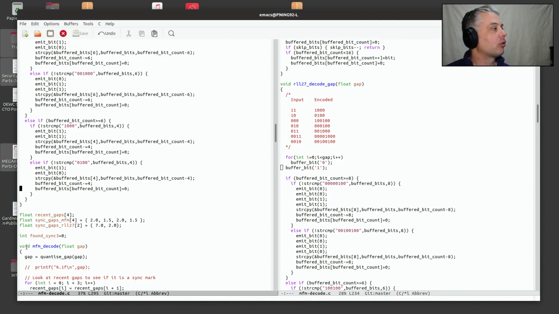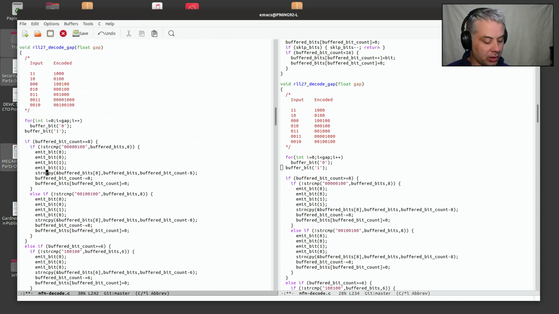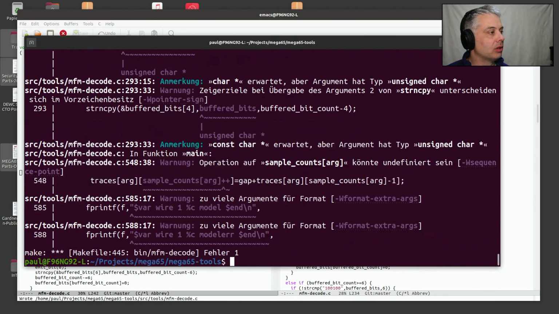Because I've used string copy instead of string copy. I think string copy can do overlapping strings. That'll be the only other complication if I've messed that up.